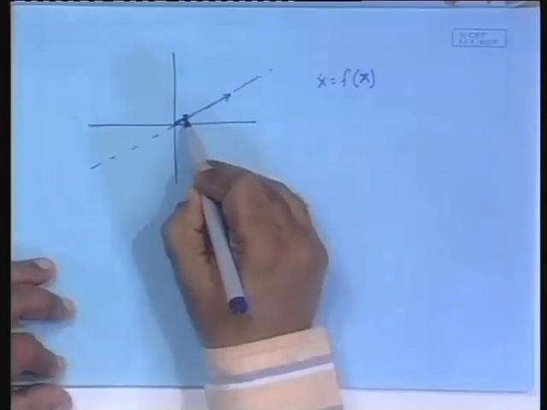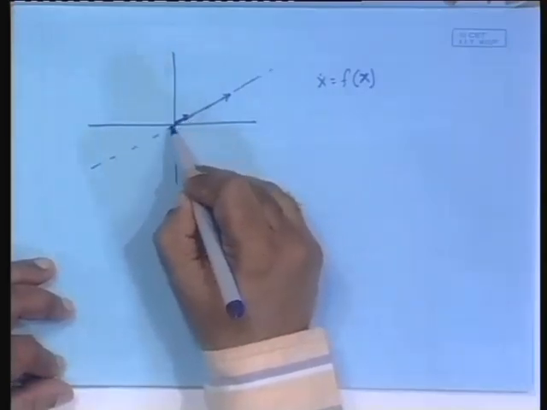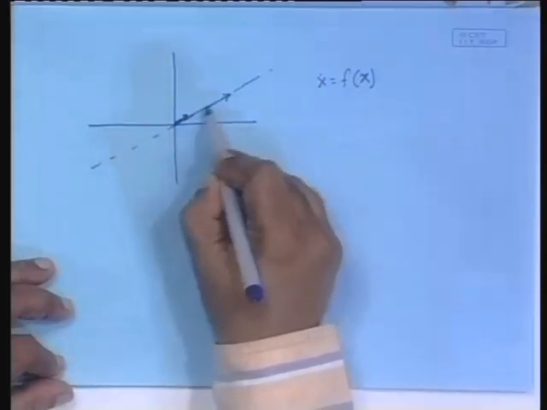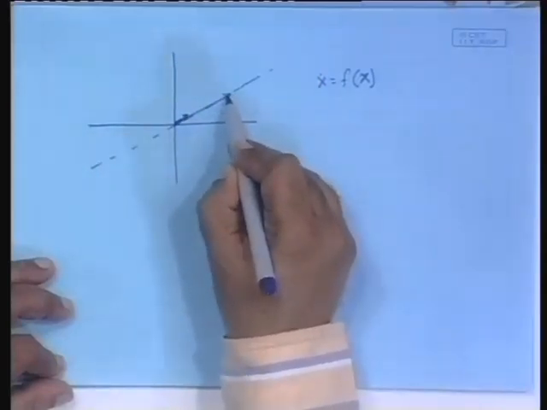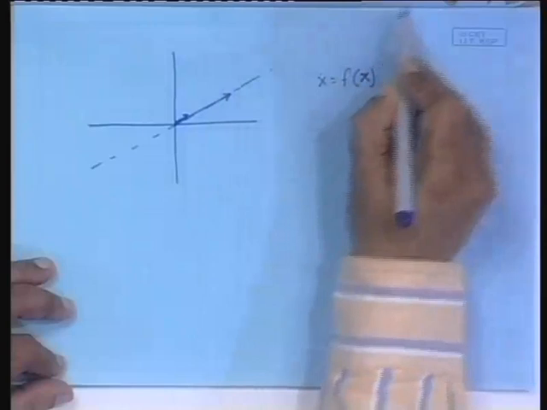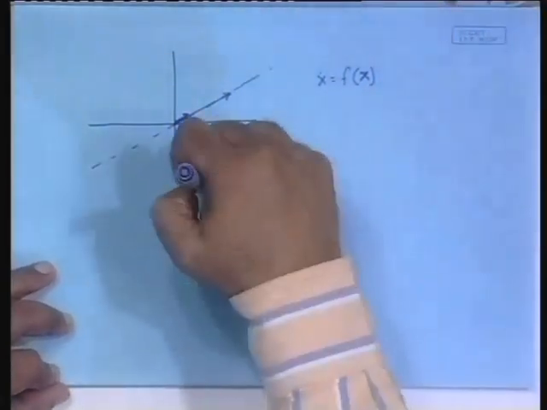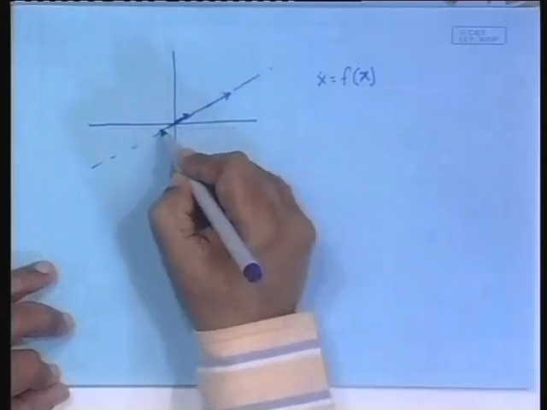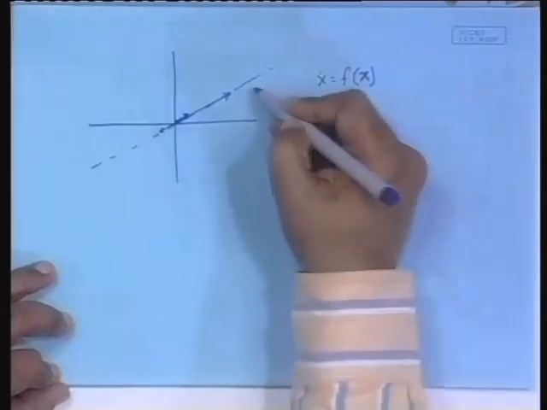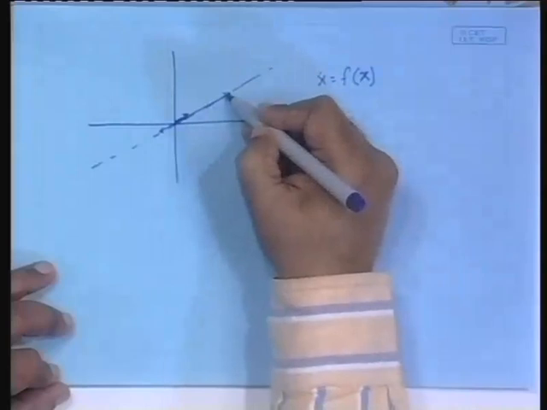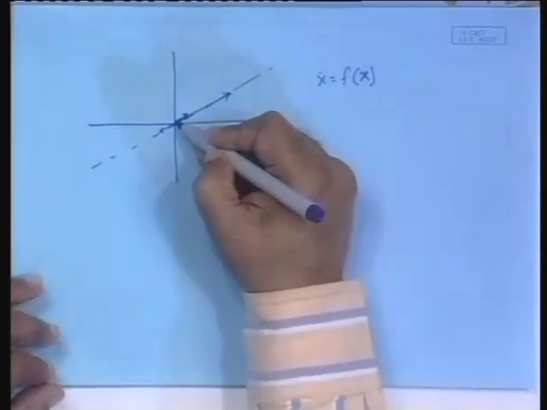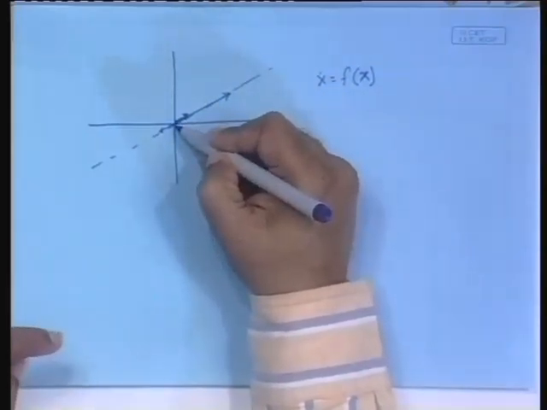So, if the eigenvalue is positive, then the x dot vector will point in the same direction as the x vector, as a result of which x will keep on increasing in this direction and go out. That represents an unstable system. If it is a negative eigenvalue, then the x dot vector will point in the opposite direction, and therefore the distance from the origin will exponentially reduce, and ultimately it will converge onto the equilibrium point. That is what we said.